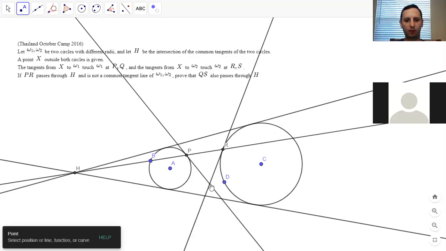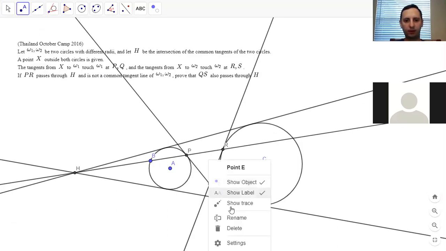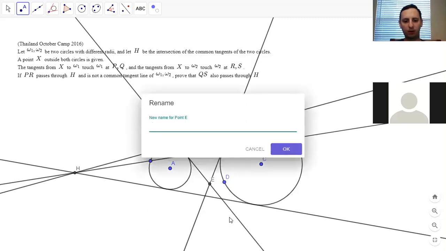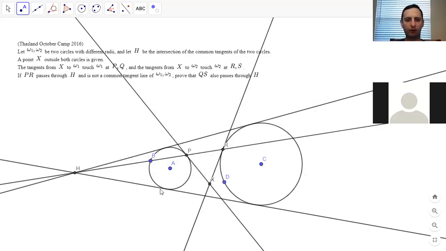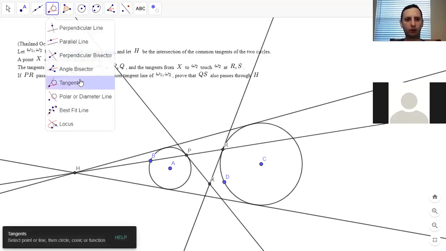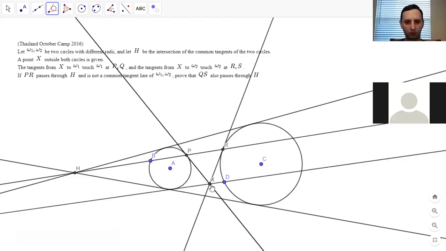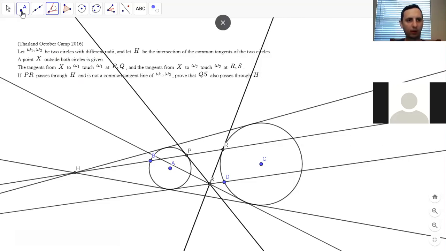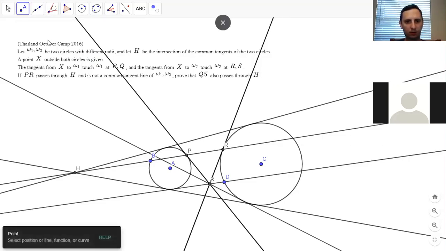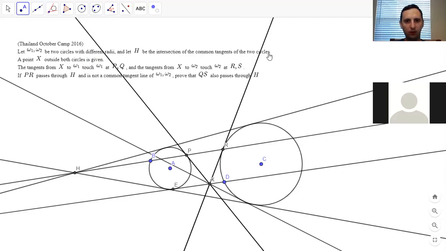I'm going to call this P and this R, and this would be point X right here. So PR passes through H. Then the problem says if I draw the other tangents, the line joining those should also pass through H. I'm going to draw that, so this would be Q.